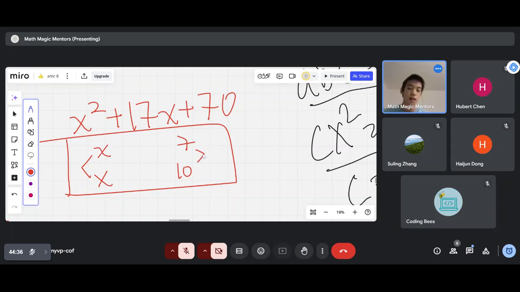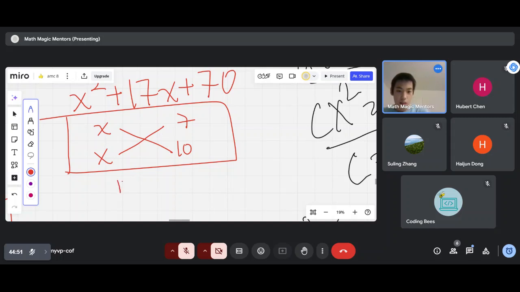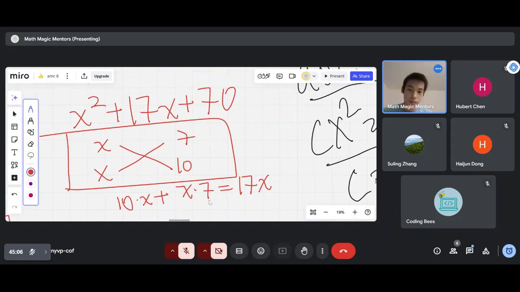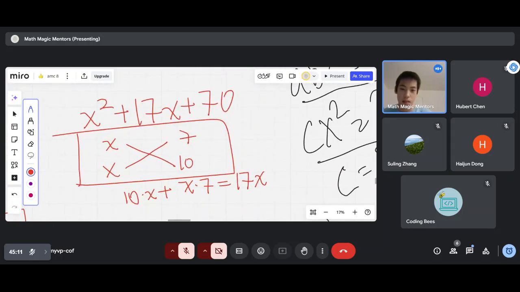The product of the last column is 70, and the sum of the products of the crosses will give us 17x, because x times 10 plus x times 7 will give us 17x. And that's our middle term. And so we can see how we can guess and check using the box method.